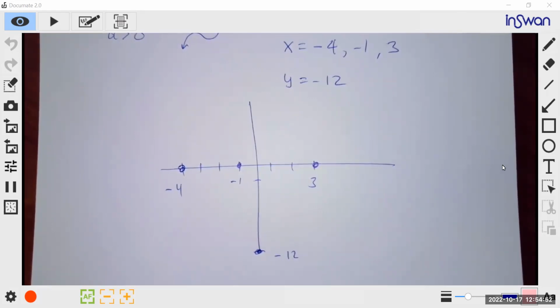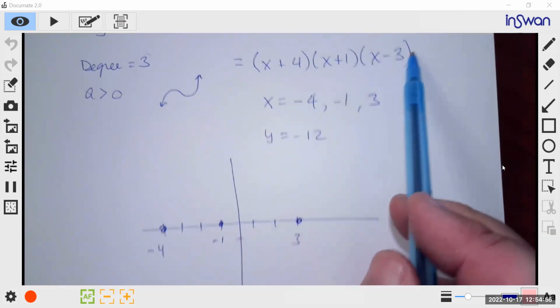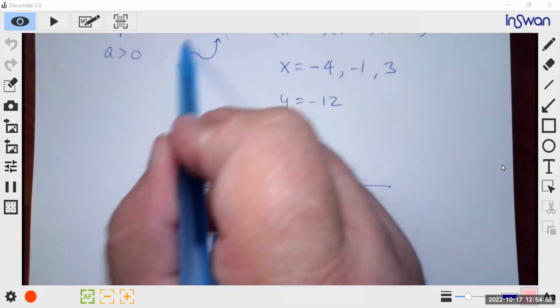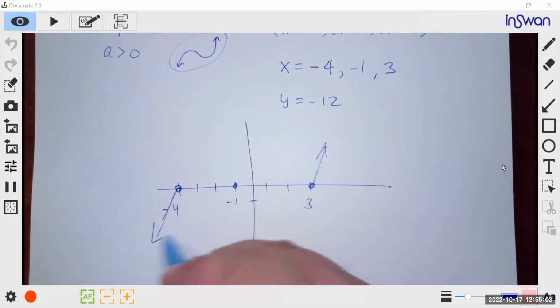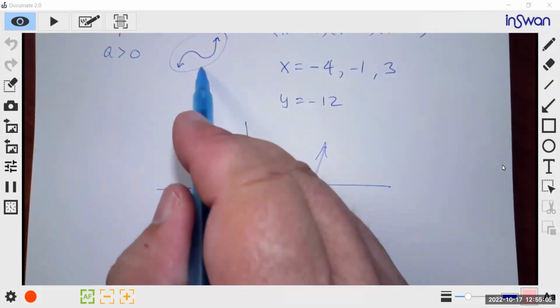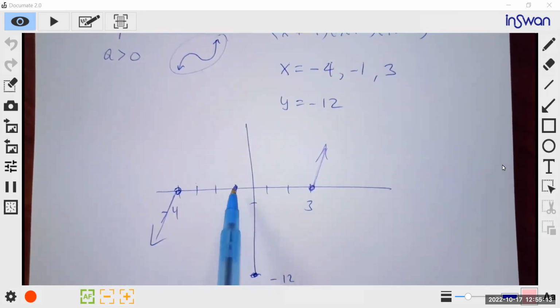Once we have the factored form, we know the basic shape of it. Since this end goes up, this end has to go down. a is positive. What happens in between here? Well, that has to be a crossing point.